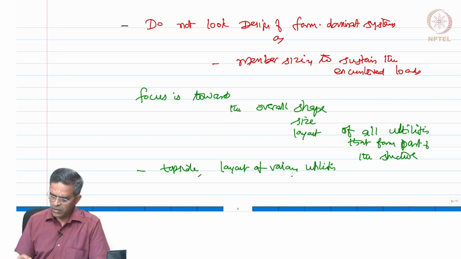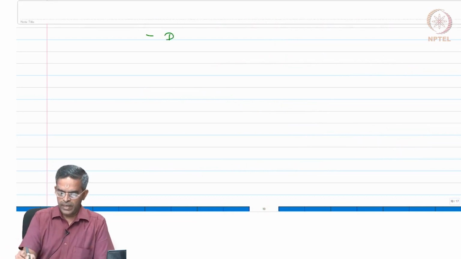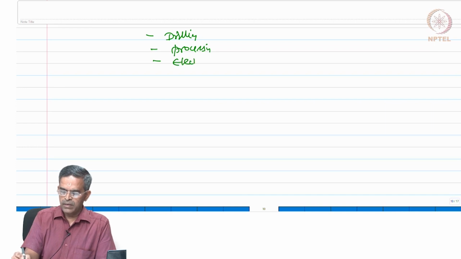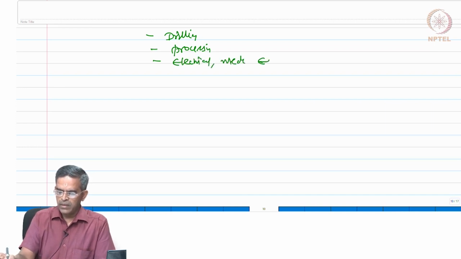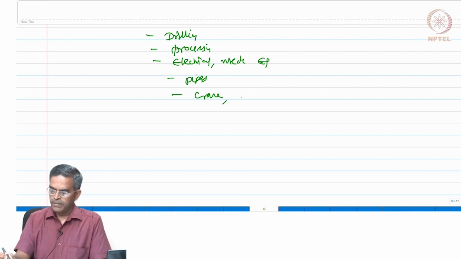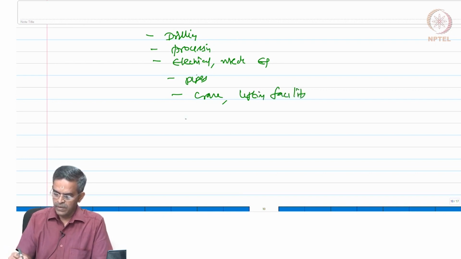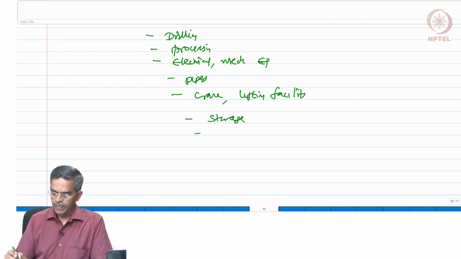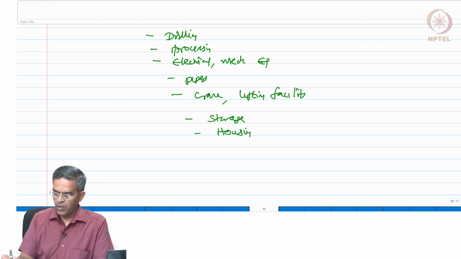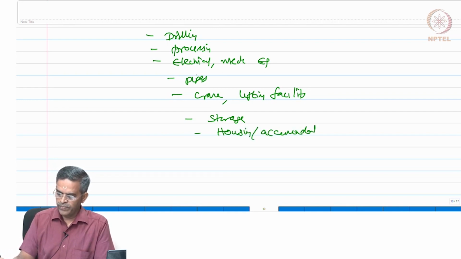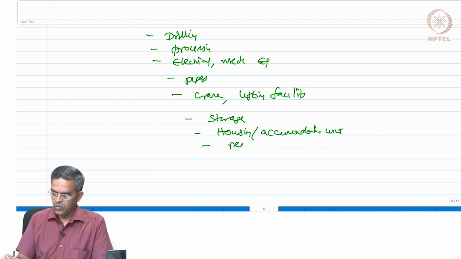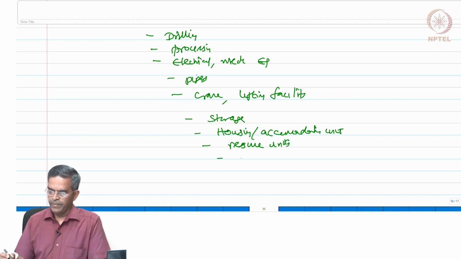Let us quickly see what are various utilities of an offshore platform: drilling, processing, electrical, mechanical equipment, pipes, cranes and other lifting facilities, storage, housing or what we call as accommodation units, rescue units, helipad or helideck, etc.